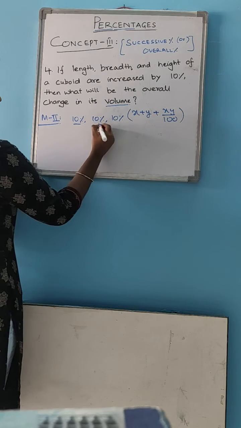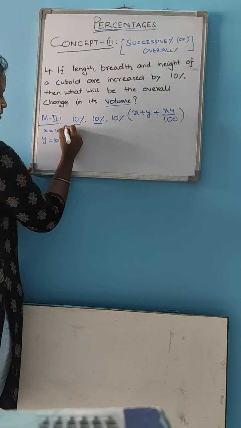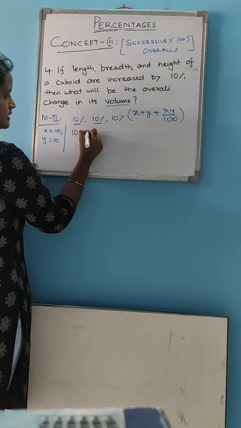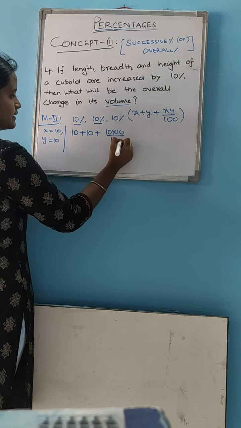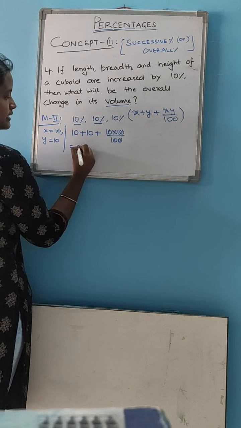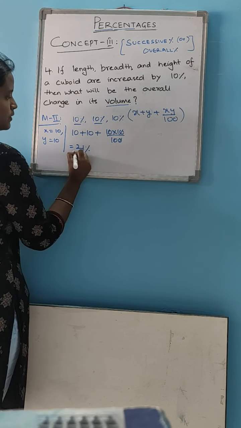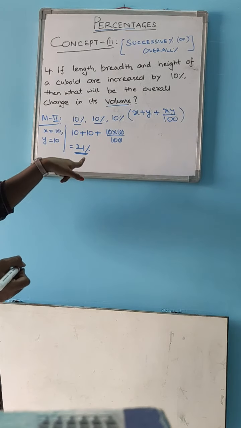We will take the first two values: x is equal to 10, y is equal to 10. We will solve this: 10 plus 10 plus 10 into 10 by 100. That is 10 plus 10, 20, plus 1, that is 21%.